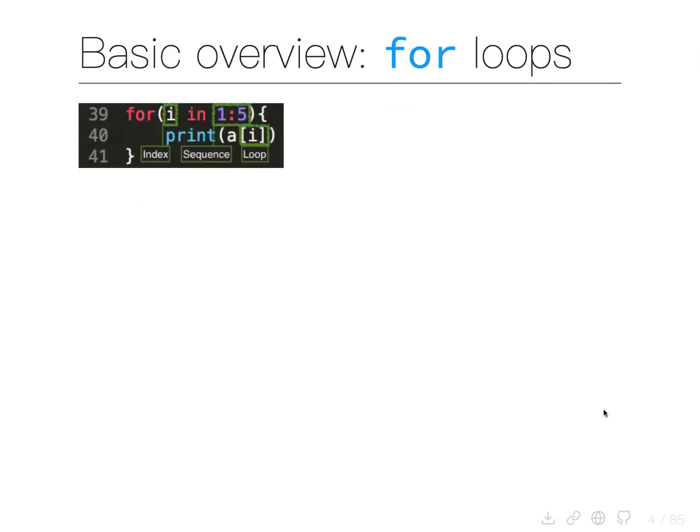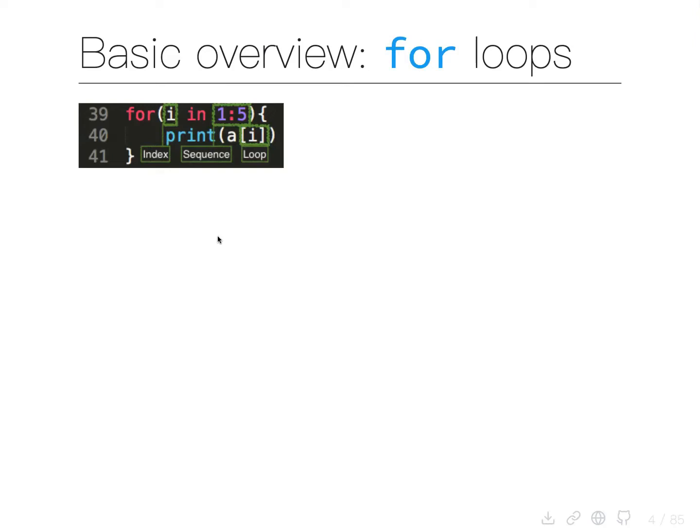Okay, so this is the basic anatomy of a for loop. You say for, right, and then you have some index here. I is just sort of convention. People use I for the first index, then J, then K, etc. But it can be anything. Very regularly people will use full words there for the index, so it doesn't have to be I. There's nothing special about I, right?